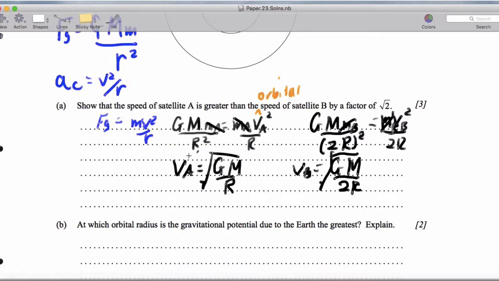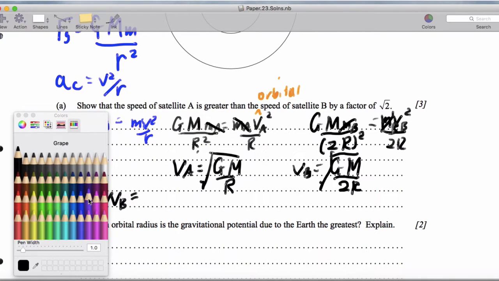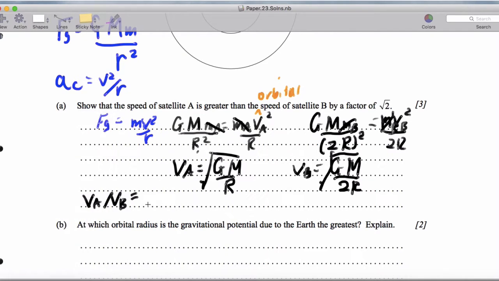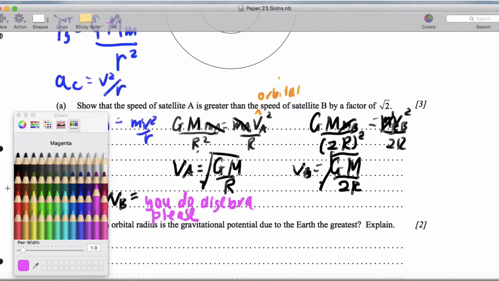So when we compare VA to VB, when they say compare, we can actually do this as a fraction. So VA over VB, okay? I'm going to make a note here: you do the algebra, please. And that's going to give you VA over VB equals the square root of 2.